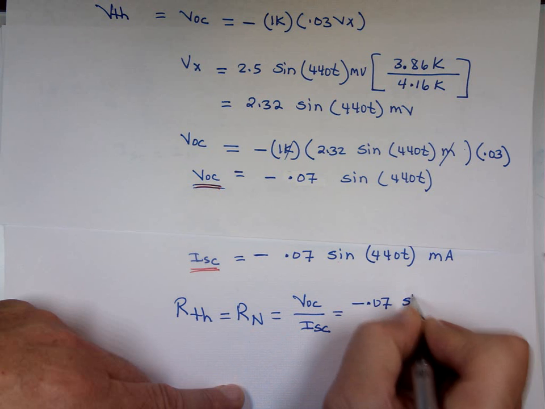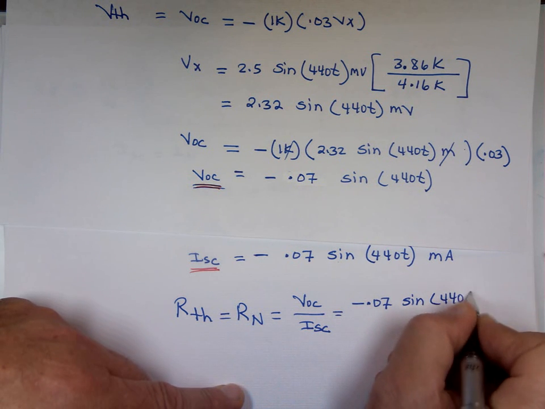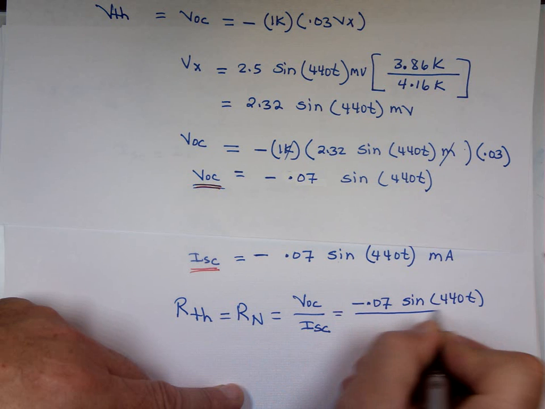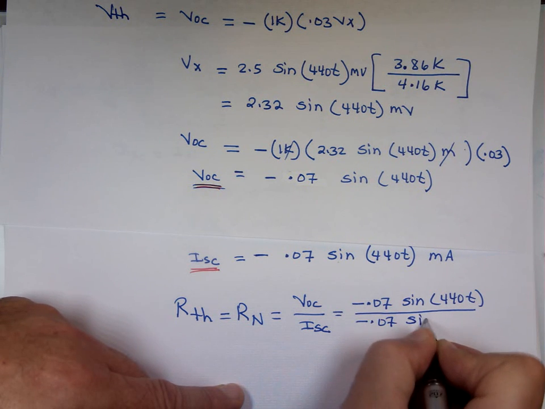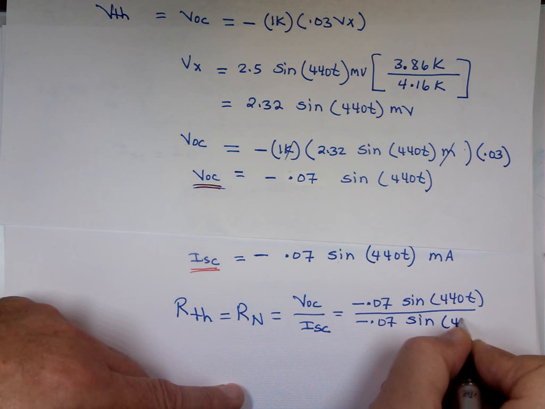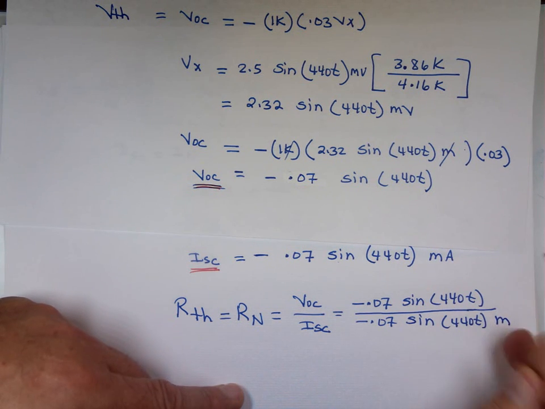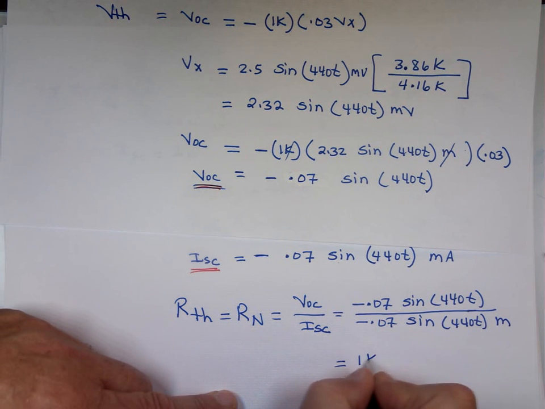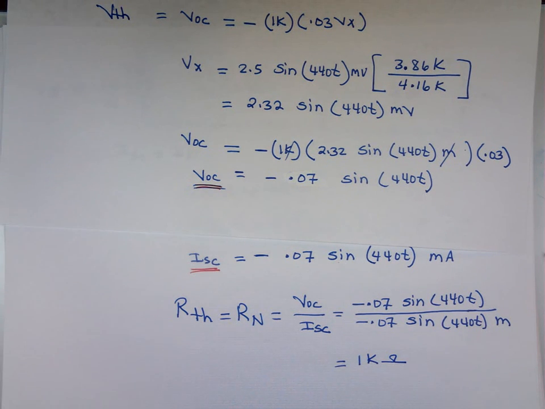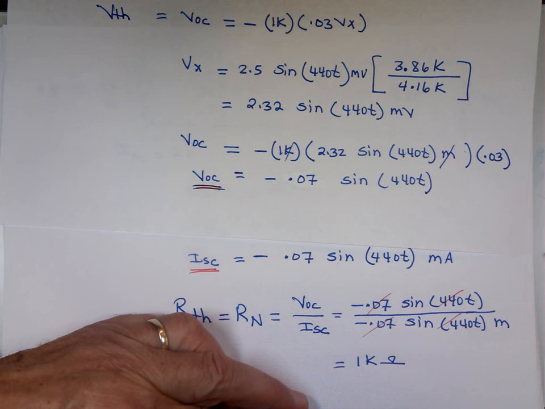Sine 440t, and this one, negative 0.07 sine 440t, but that's milli. Milli is 10 to the minus 3. It's on the bottom. That will make it equal to 1 kilo ohm. These numbers will cancel each other out. Sine will cancel, 1 over a milli, which is 1K.